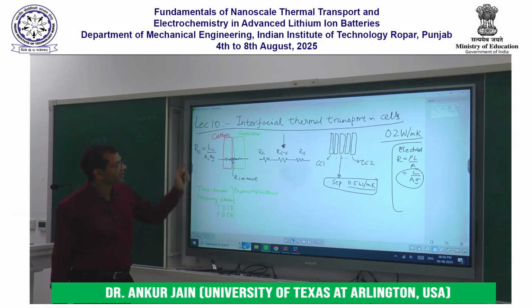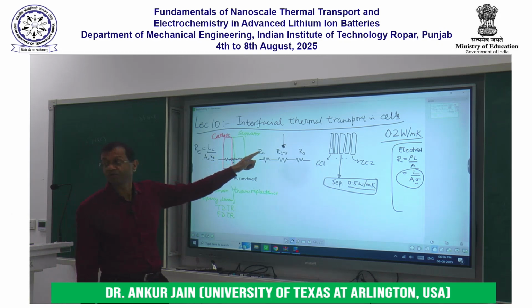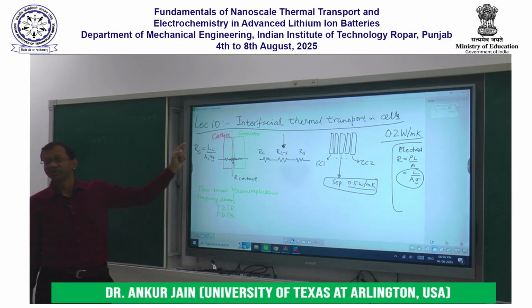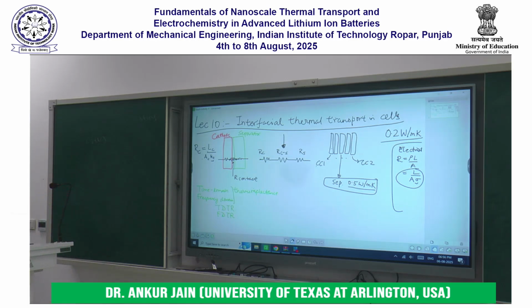Okay, so to find out the thermal resistance of the cathode, I need to know its thickness, which I know. I need to know its area of cross section, which I know. I need to know its thermal conductivity, right? The thermal conductivity of just the material can be easily found out using the techniques, for example, that we had discussed in the last lecture.